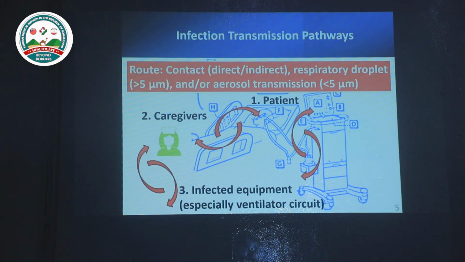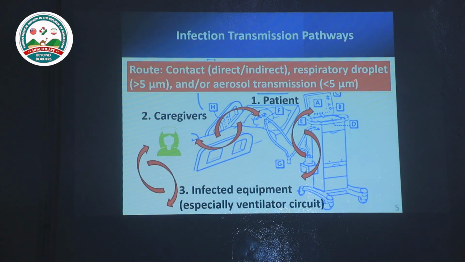If the patient uses respiratory care equipment, there are other transmission pathways, including respiratory droplet or aerosol transmission. Especially for aerosol transmission, the particle size is small, less than 5 micrometers.